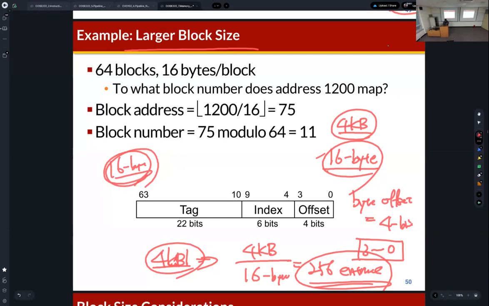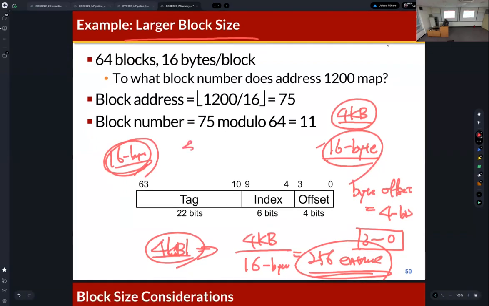Which means that the miss penalty is increased, because more data has to be transferred from the main memory. But if we use a large block cache, then we can exploit spatial locality.